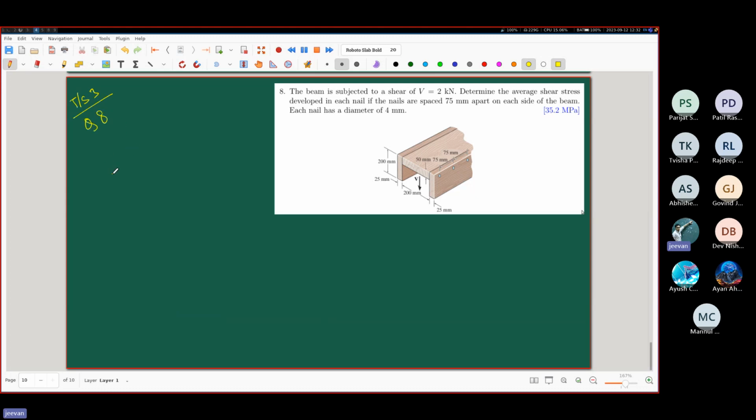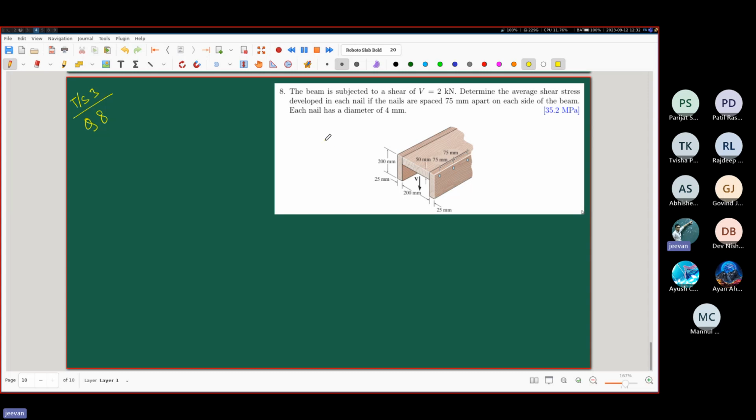Tell me what did you do? So the question is the beam is subjected to a shear of V equal to 2 kilonewton. No confusion there. Determine the average shear stress developed in each nail if the nails are spaced 75 millimeters apart on each side of the beam. Each nail has a diameter of 4 millimeters.